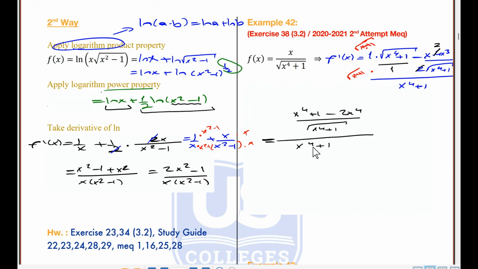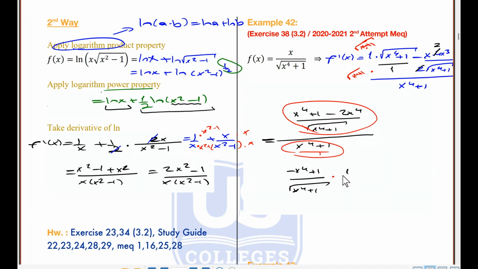So now I got x to the fourth plus 1 minus 2x to the fourth, over square root of x to the fourth plus 1. Remember, if there is a division inside a division, there is a top division and a bottom division. You take the top division and multiply it by the reciprocal of the bottom division.